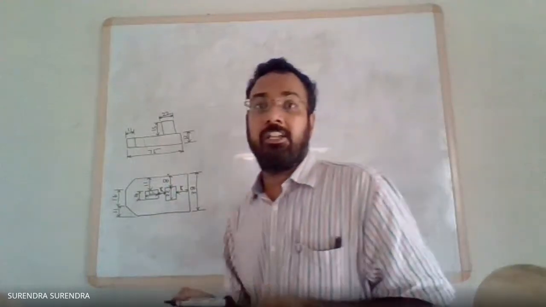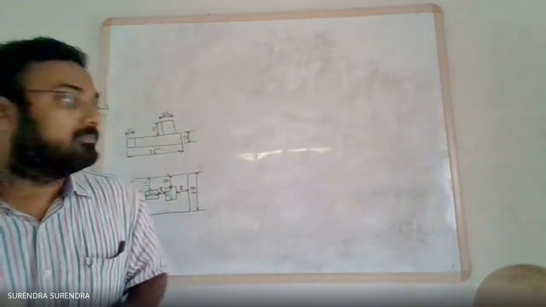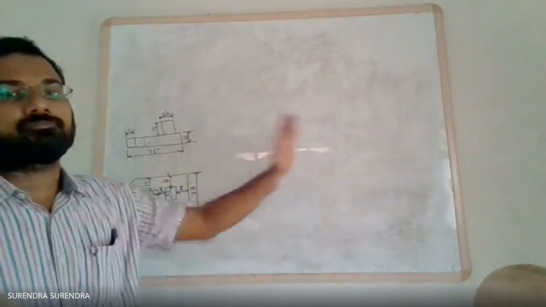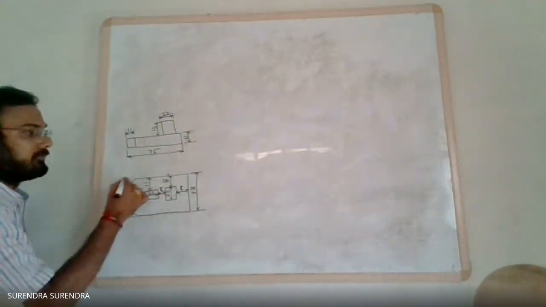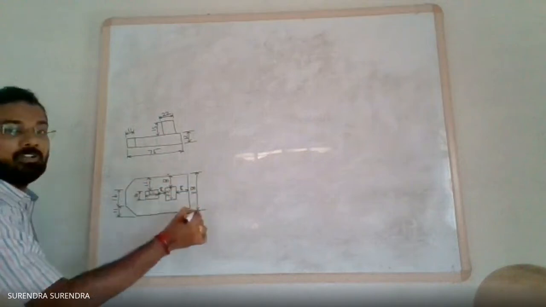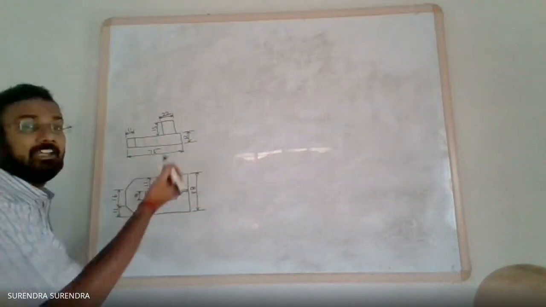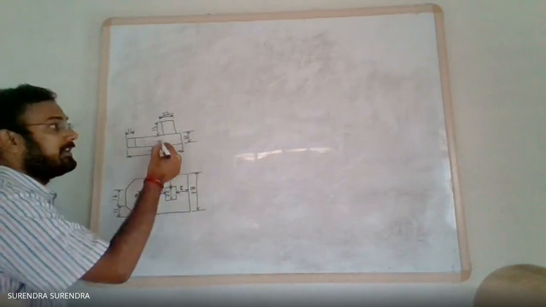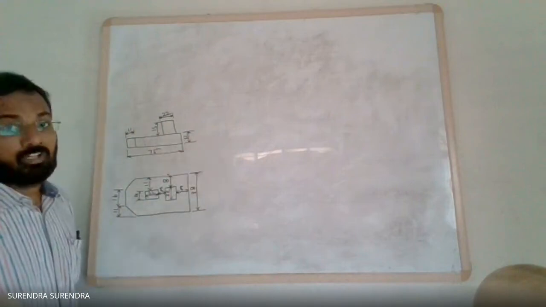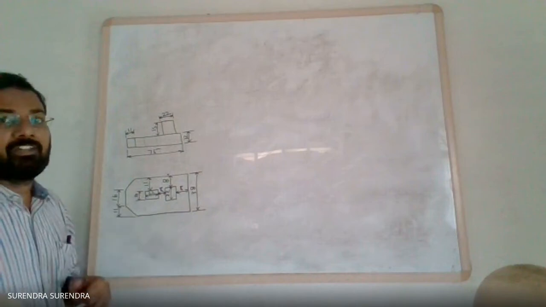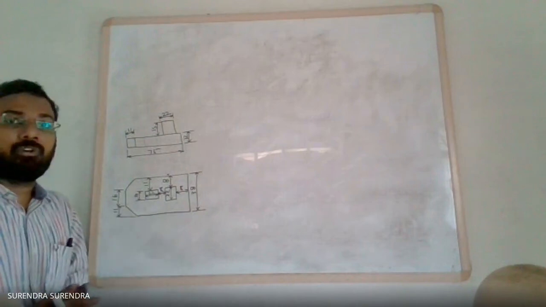Now let us draw this in isometric view. First, we know this is a base block with depth equal to 38 mm, length 75 mm and height 12 mm. It is not a complete rectangle, but let us draw it as a complete rectangle.